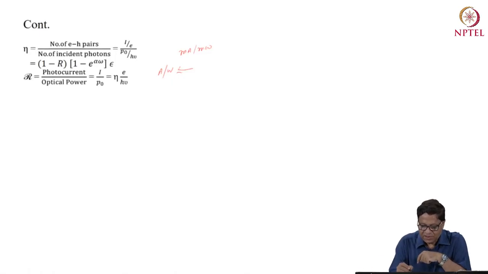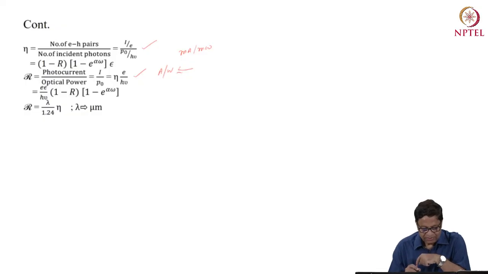So we got an expression for efficiency and an expression for responsivity, which can be further simplified as e epsilon into (1 minus R)(1 minus e raised to minus alpha W) by h nu. We can also write this in an alternate fashion.